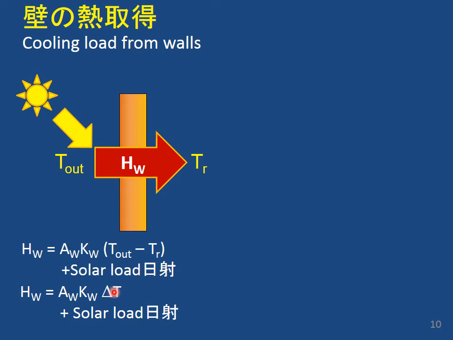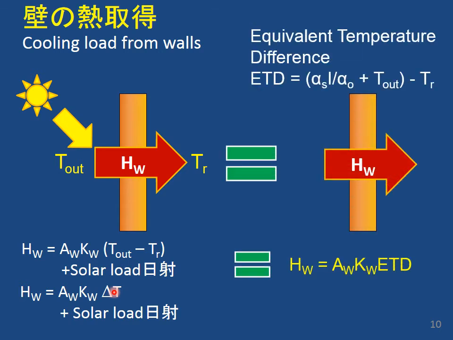Now that's a really complicated calculation, so instead there's this equivalent temperature difference. This plus this is the same as A K W times ETD, the equivalent temperature difference. The equivalent temperature difference is both this plus this together.